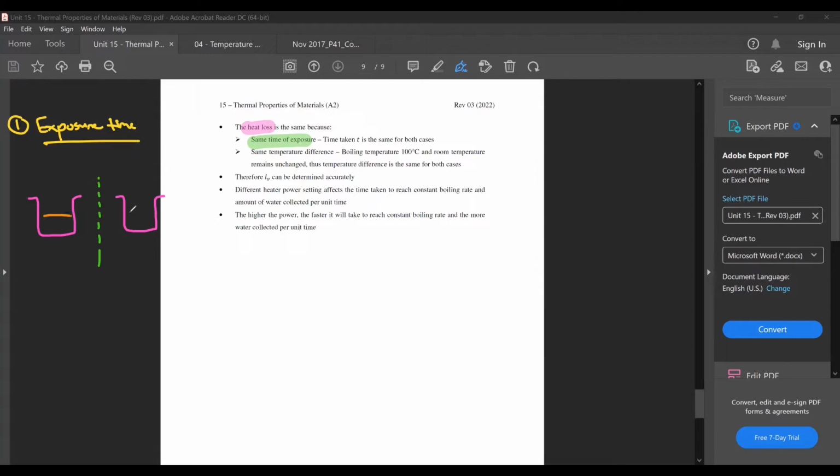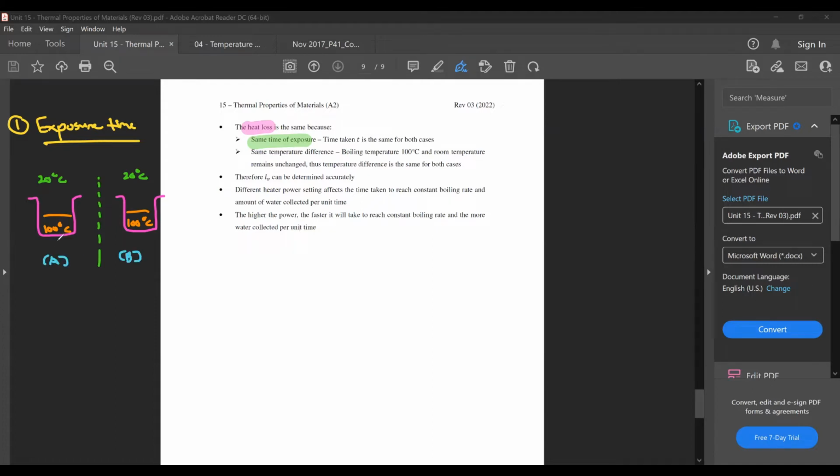They both contain liquid. This one is liquid at 100 degrees centigrade. This one is also liquid at 100 degrees centigrade. Now, the room temperature, say for example, is 20 degrees centigrade for both. I tell you that this one is beaker A, and then this one is beaker B.